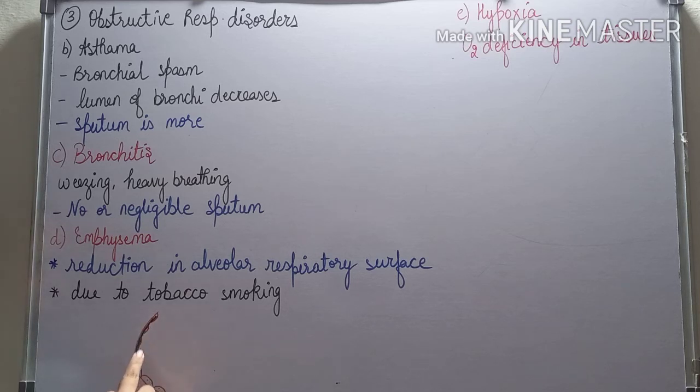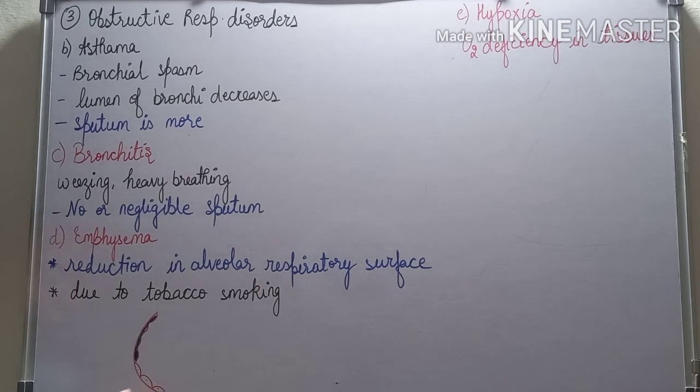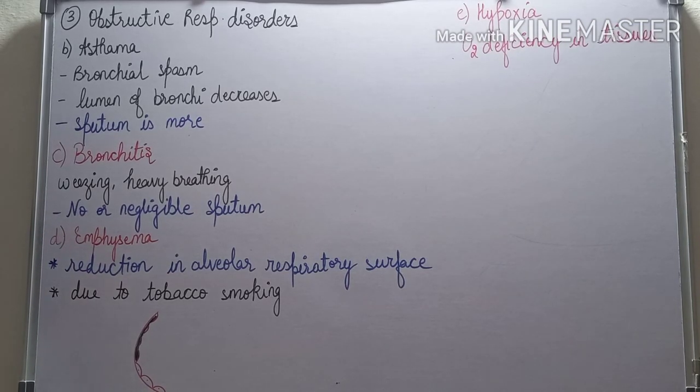The part of the alveolar epithelium is choked or blocked by the tobacco, and or the substance produced by tobacco, and as a result of which the surface area available for the exchange of gases has reduced. The area available for exchange of gases is less now, and as a result of which the person faces difficulty in breathing.